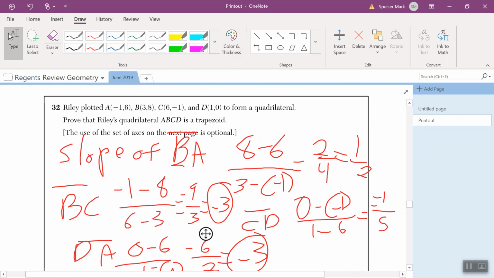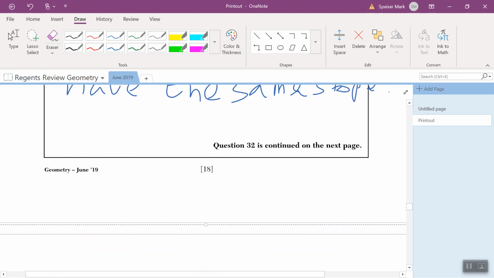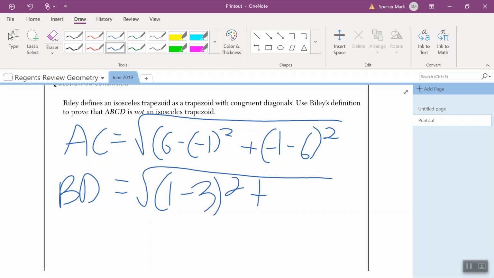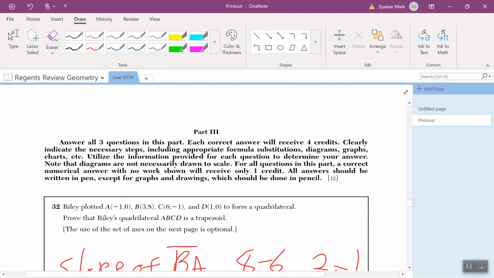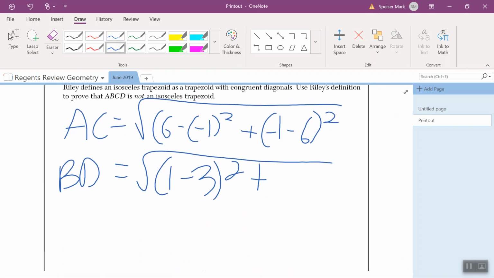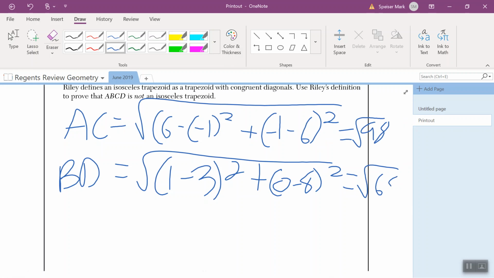And BD is the square root of (1 minus 3) squared plus (0 minus 8) squared. You get AC equals the square root of 98. BD equals the square root of 68.